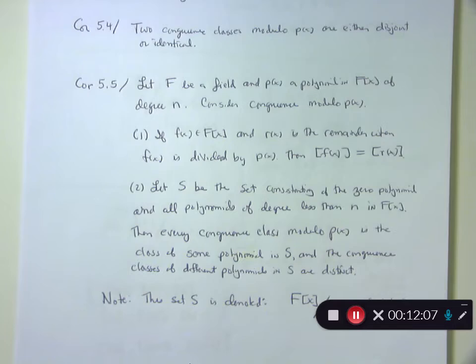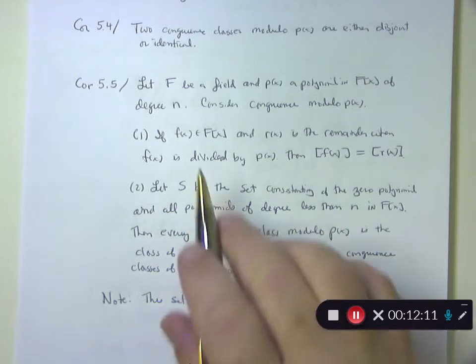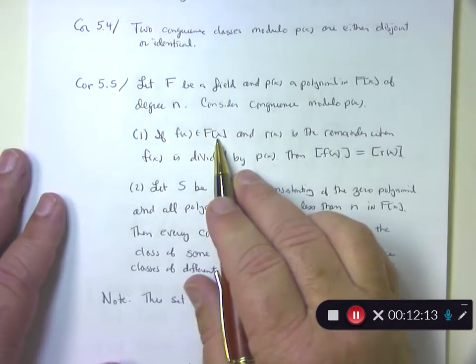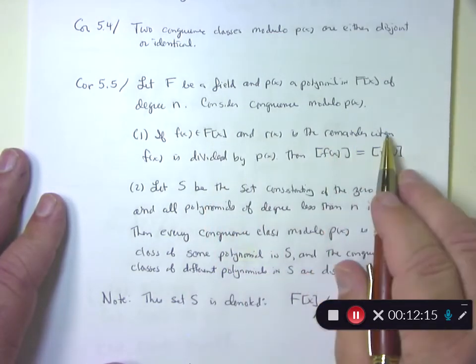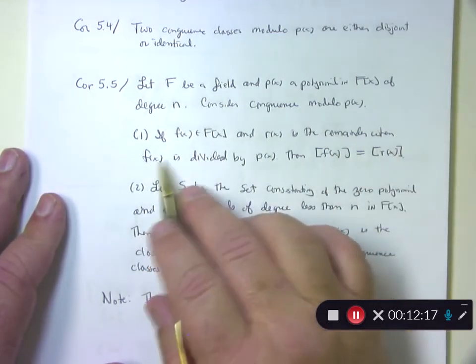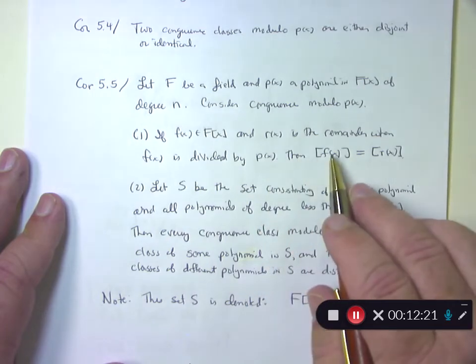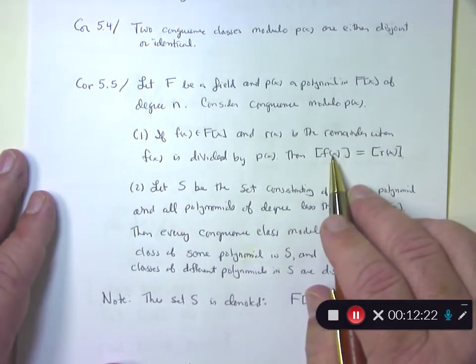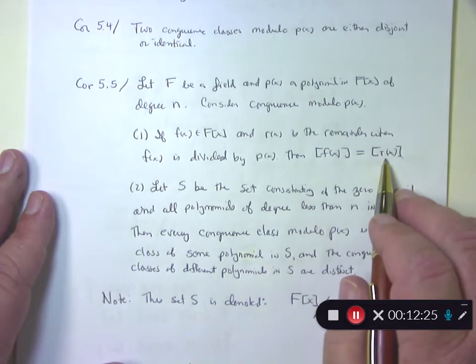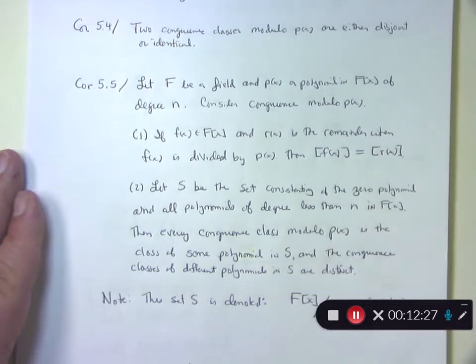Consider the congruence modulo p of x. 1. If f of x is an element of F adjoined x, and r of x is the remainder when f of x is divided by p of x, then the congruence class of f is equal to the congruence class of r of x, the remainder polynomial.